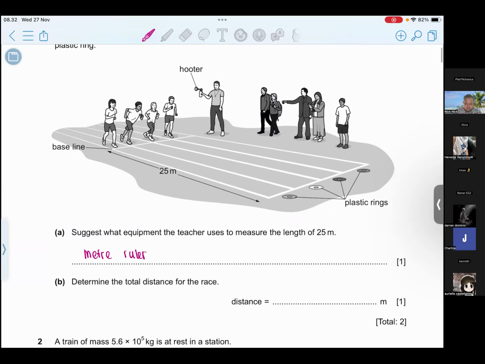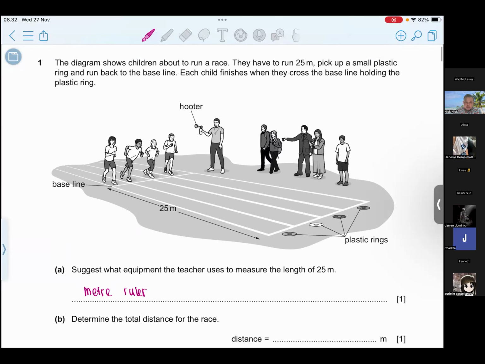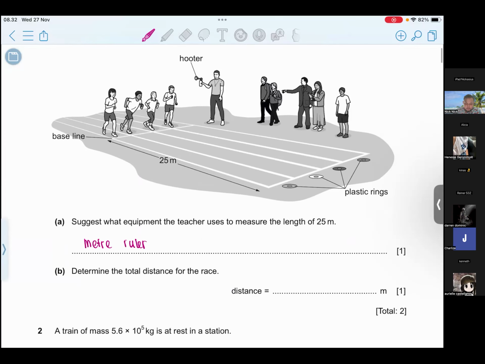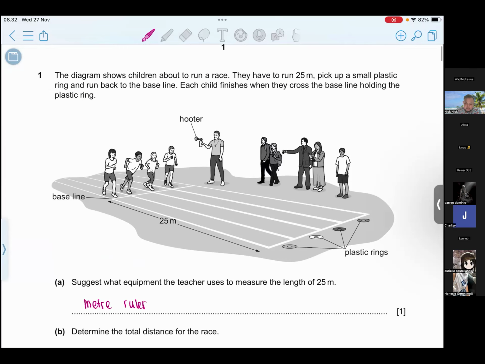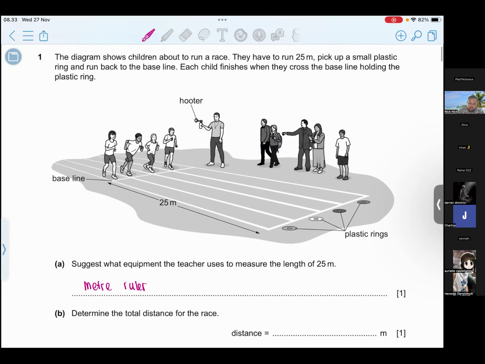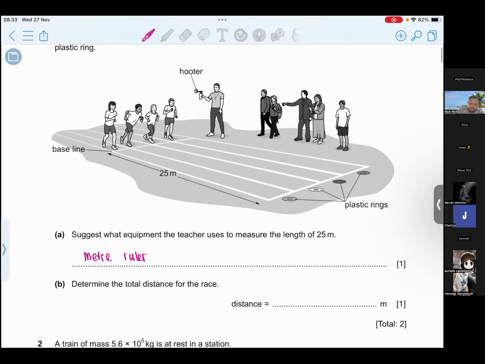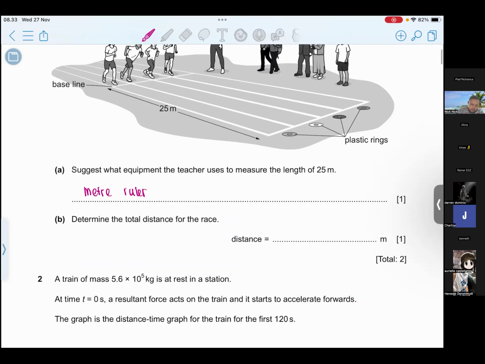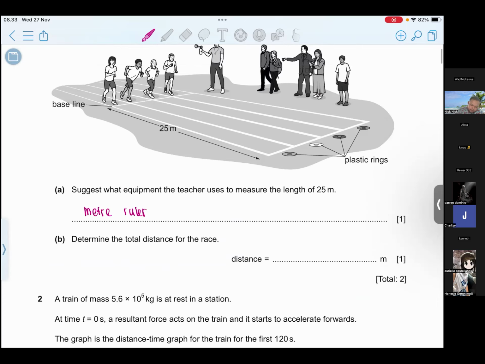The question is the total distance of the race. They have to run 25 meters to pick up the small plastic ring and run back to the baseline. So the total distance is the total track.